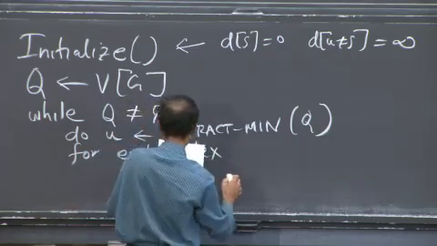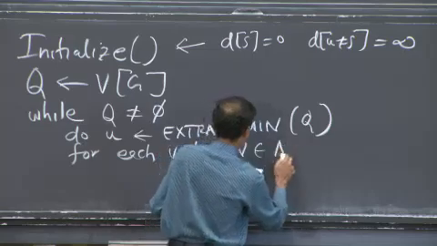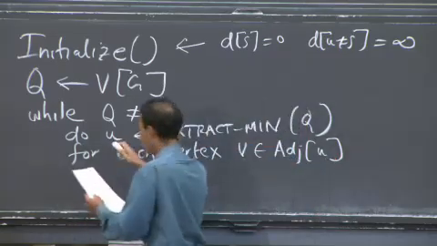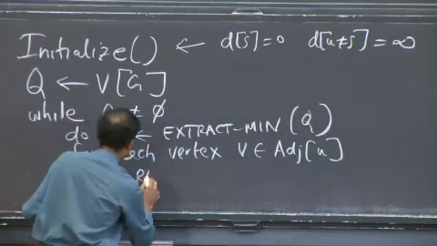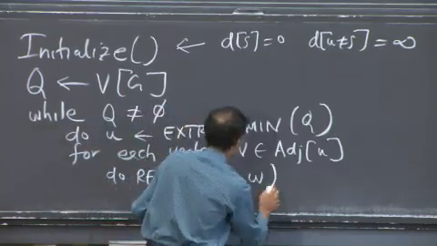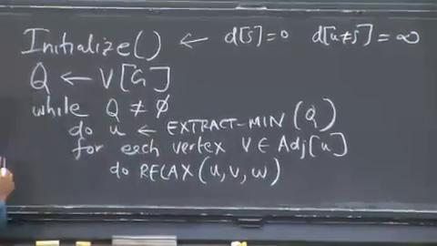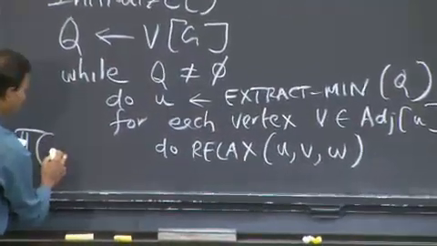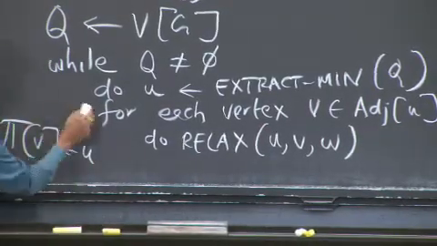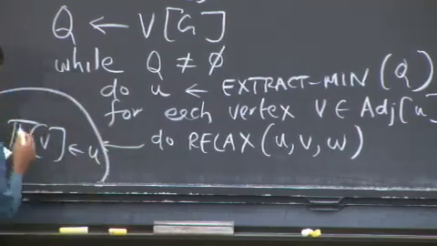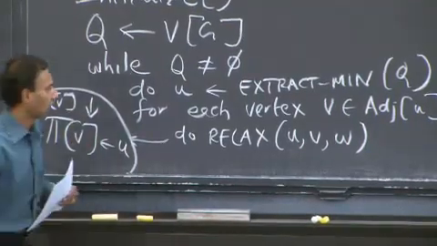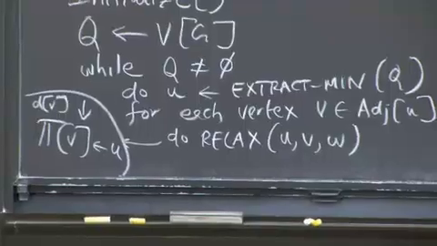That's what the Dijkstra invariant is. The process of extracting u implies that we have to do a relaxation step that updates the priorities and also modifies the parent pointers. So there's also pi of v that is set to u, as well as d of v getting decremented. So that's the Dijkstra algorithm.